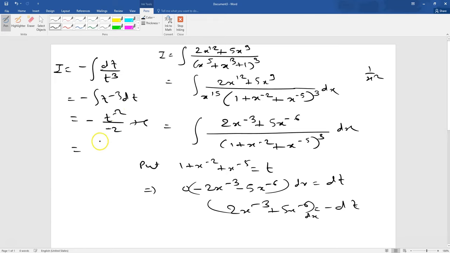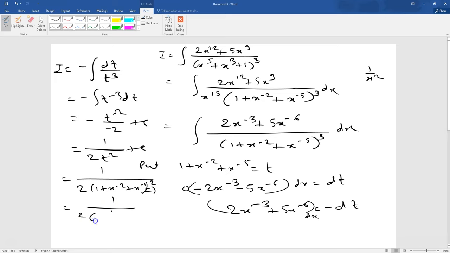So 1 upon twice of t square plus c. Now what is t square? 1 upon 2. t क्या है? 1 plus x to minus 2 plus x to minus 5 square, right? Now इसका भी पॉजिटिव, let's maybe convert like this, right? 1 upon x square, 1 upon x to 5 and square, right?